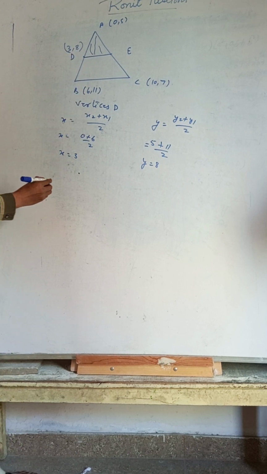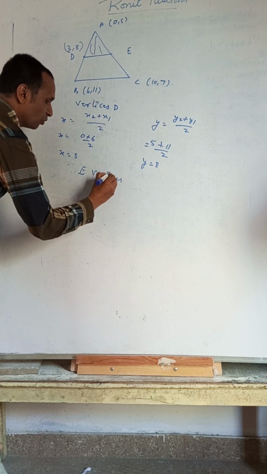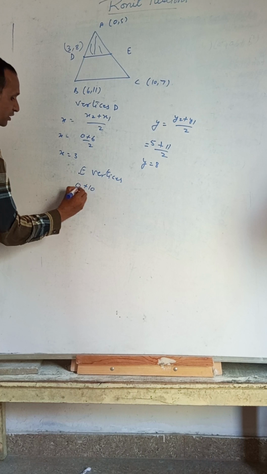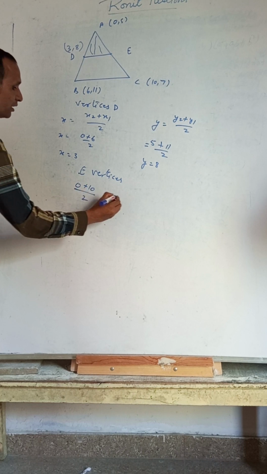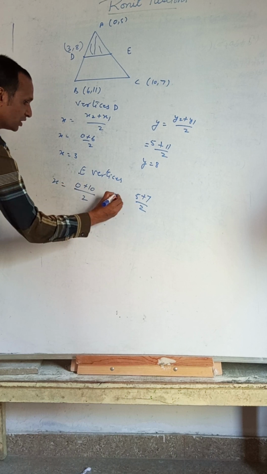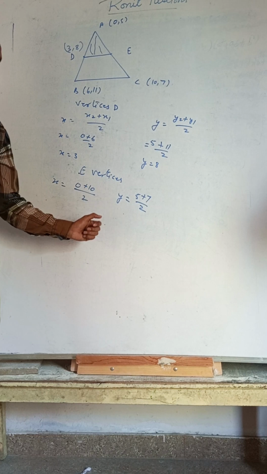Like that, the same for E vertices. What will be the E vertices? Here will come 0 plus 10 divided by 2 and 5 plus 7 divided by 2. This is for X, this is for Y, because of the midpoint formula.